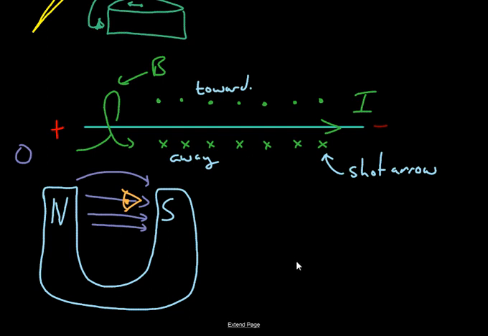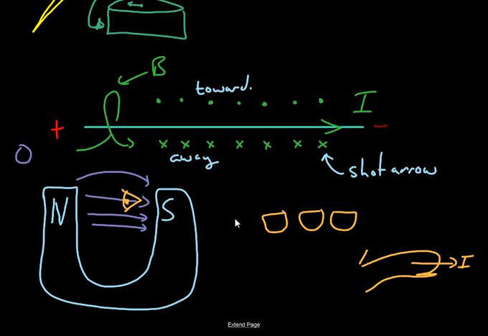Okay, so the right-hand rule says thumb in direction of current. That's your thumb. Fingers coiling around the wire.